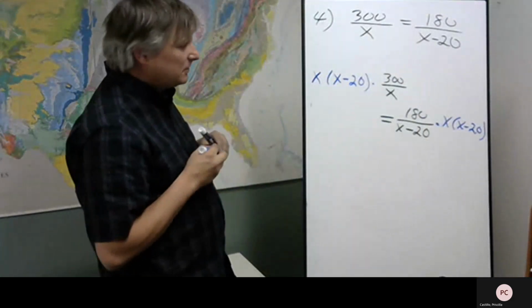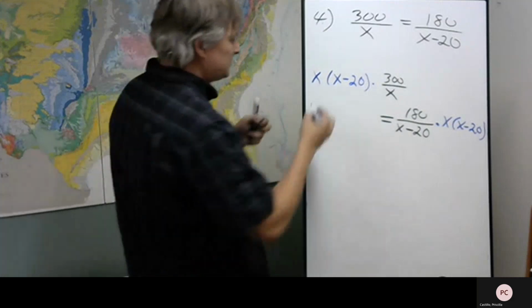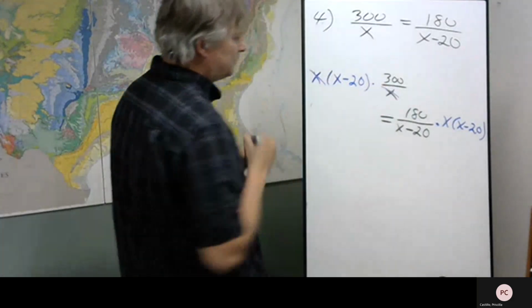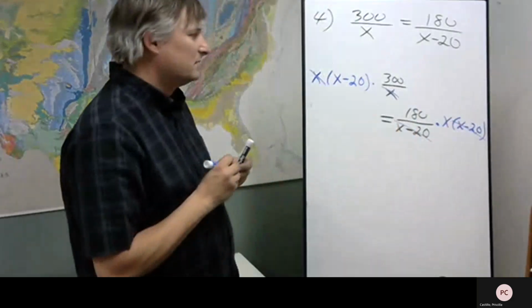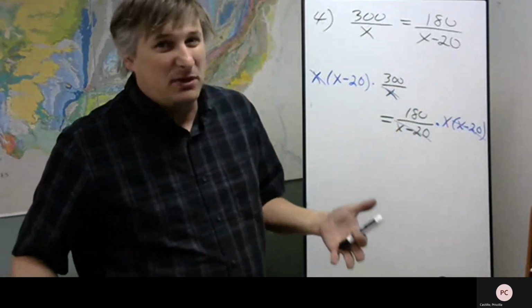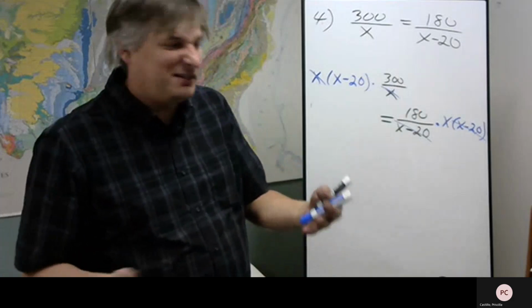So we'll do some canceling. Again, we multiply both sides by the same amount. So here the x's, those are going to cancel. And then here the x minus 20 is going to cancel. The end result is we're going to get the same thing if we would have cross-multiplied, but just sticking with that consistent technique.